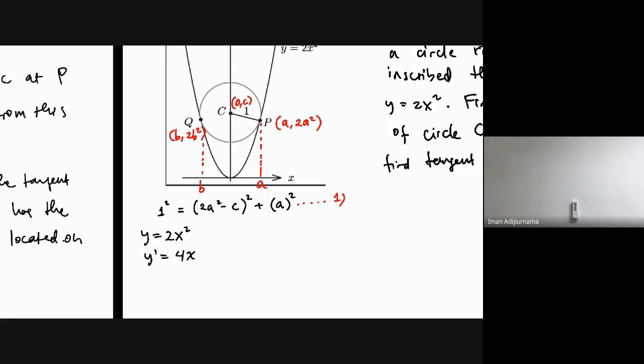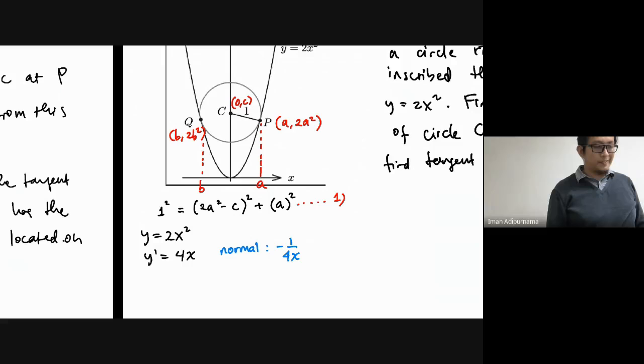So let's write the normal line. The normal gradient will be negative 1 over 4x. Now we have 2 points, right? At least 2 points here and also here. So we can write a linear equation.